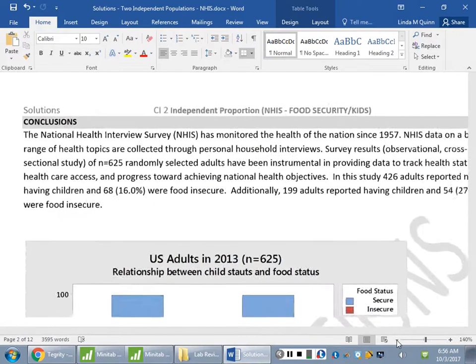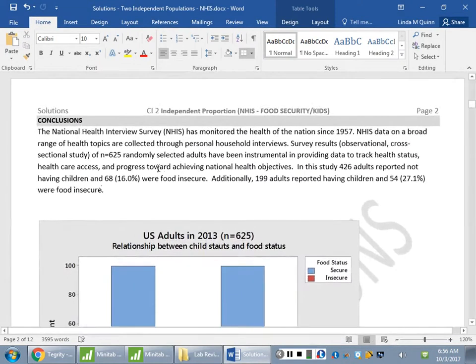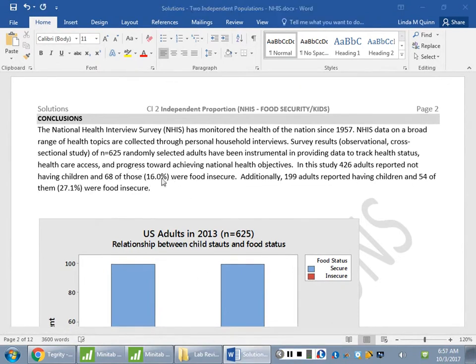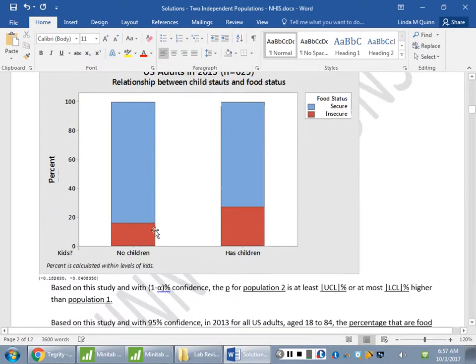In my first sentence there, I say, In this study, 426 adults reported not having children, and 16% of those were food insecure. So you're seeing the 16% and the 27.1%. Those are the two percentages we're comparing: people with kids with people with no kids.